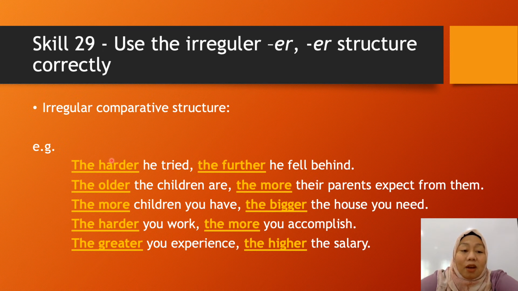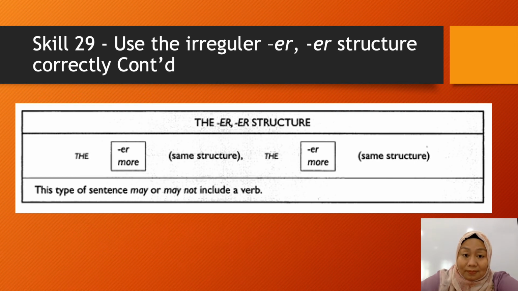You see, the harder, the further. The older, the more. The more, the bigger. The harder, the more. The greater and the higher. So these are what is called irregular comparative structure. This type of sentence may or may not include a verb.